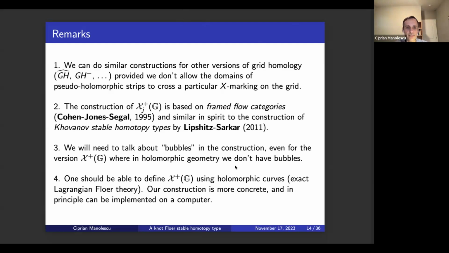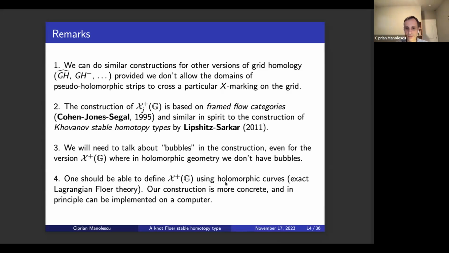Now, one interesting aspect is that we will need to talk about bubbles in the construction, even for the plus version, where in holomorphic geometry we don't have bubbles. But the construction is more concrete. So it will not involve holomorphic curves, just like the construction of grid homology. We turned it into something completely combinatorial, just counting rectangles on a torus.